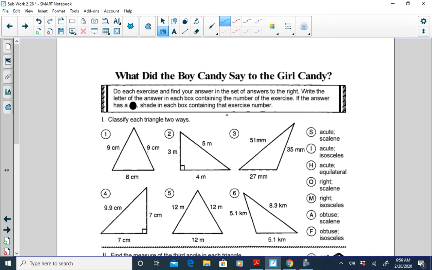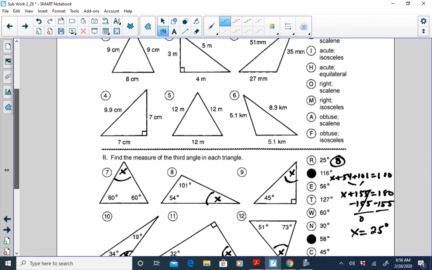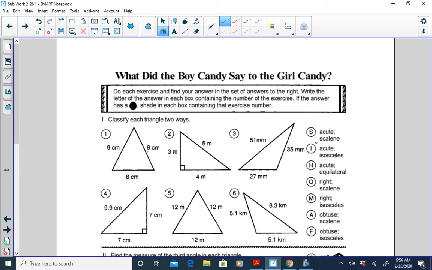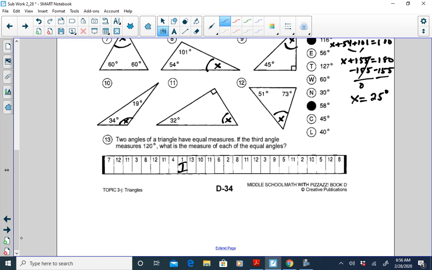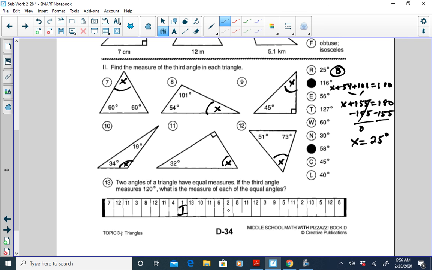If the answer has it, okay, so oh, there it is. I didn't see it. So we got 25. Oops. So 25 is what letter? I can't find it. Oh, 25 is R. Missed it. So for problem 8, we'd write the letter R.